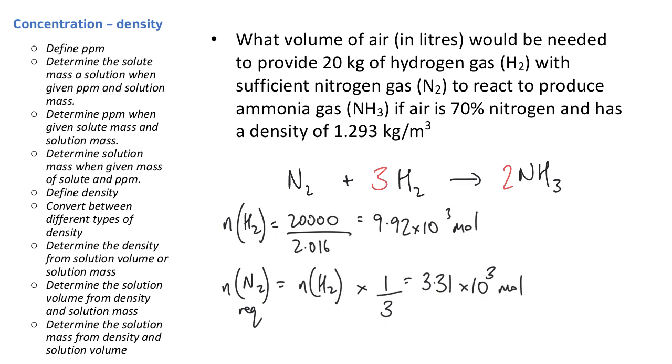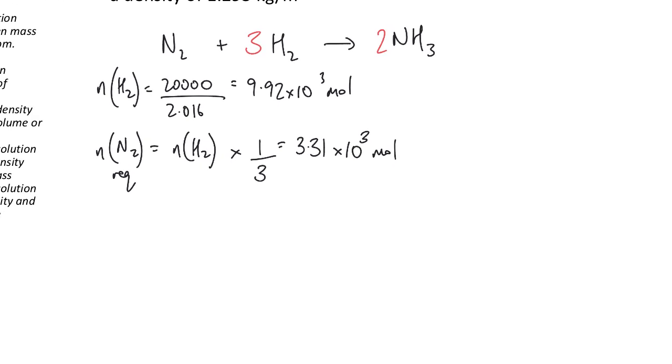Remember, you should be saving your numbers as well, but I don't need to save it because I've already done it. Next, how heavy is that nitrogen going to be? I need to work out the mass of it, because I'm using density to convert between mass and volume.